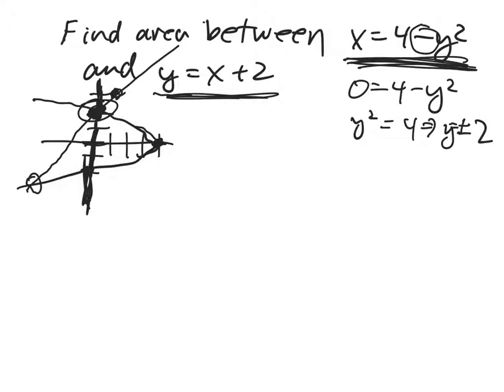We end up with this as our graph, and to set up our integrand, in this case, we're really looking at a horizontal slice or horizontal local estimate, and we go from the right minus the left, whereas with the vertical estimates, we go top minus the bottom.